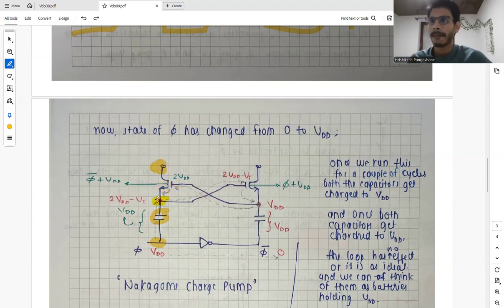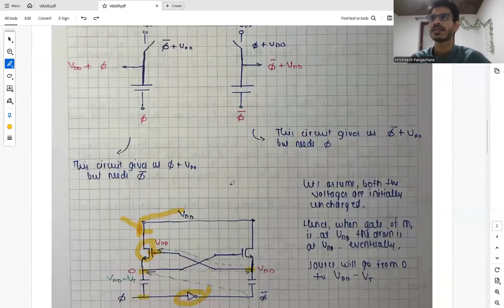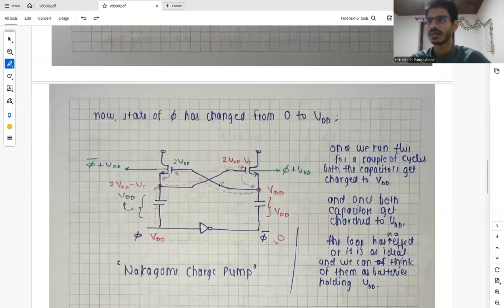So in order to get phi plus the voltage VDD at this point, we run this circuit for a few cycles, and after a couple of cycles, both capacitors get charged to VDD, and we can arrive at this stage, and we can easily get these two components which we already wanted.